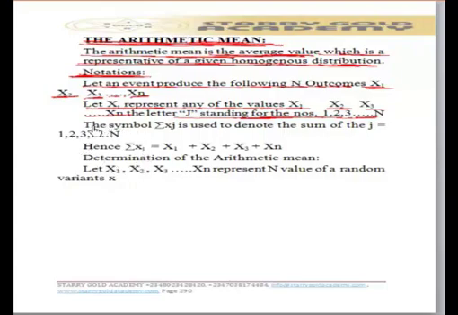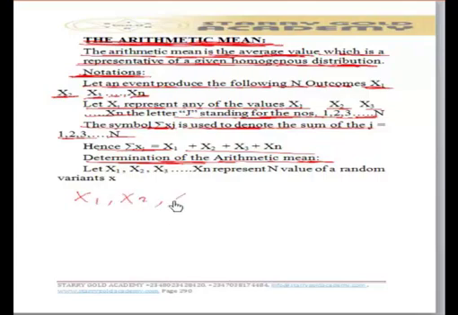So we have this as our symbol, which is summation xj, and this is used to denote the sum of the j's, which are 1, 2, 3 up to n, and likewise the n, which are also 1, 2, 3 to any number. So in other words, when we are trying to determine the arithmetic mean of any given statistical value, such as x1, x2, x3, x4 up to xn.